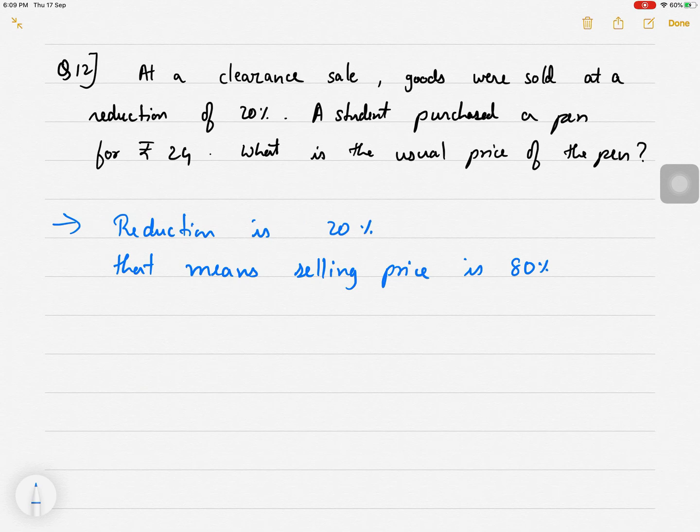Right? And it is given that 80% is 24. So 80% is 24. 100% is how much?